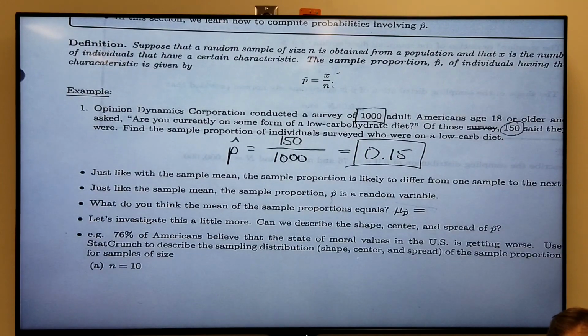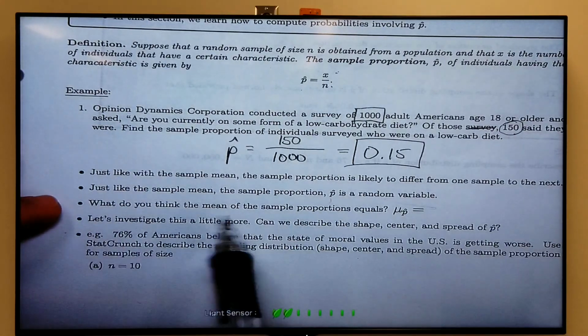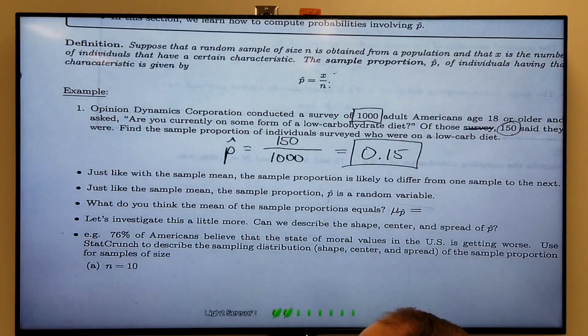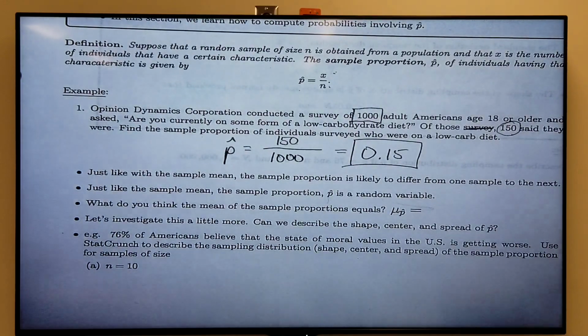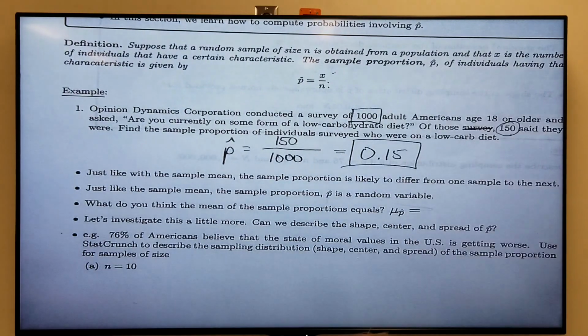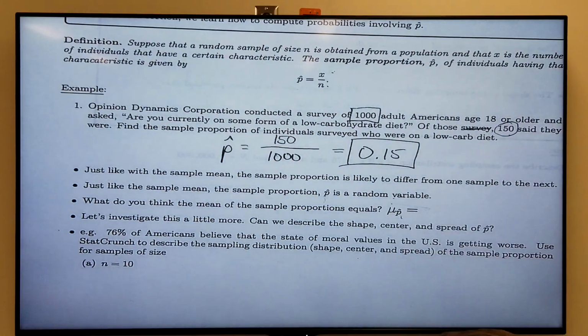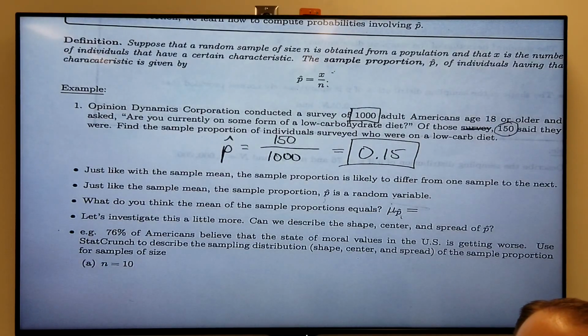The center, we can kind of reason out in our heads just thinking through it a little bit. What do you think the mean of the sample proportions would be equal to? We're going to denote that by mu sub p hat, the mean of the sample proportions. Well, let's think about this. You take a bunch of samples of size 1000 and compute all of the sample proportions.